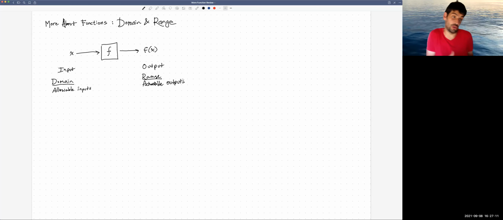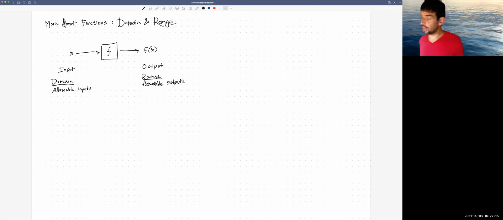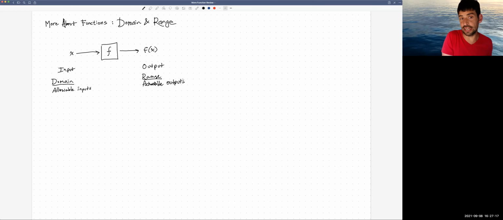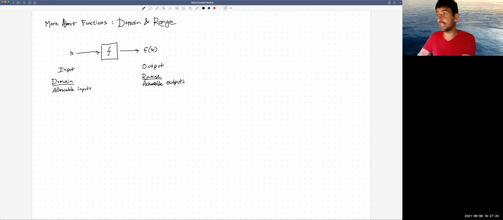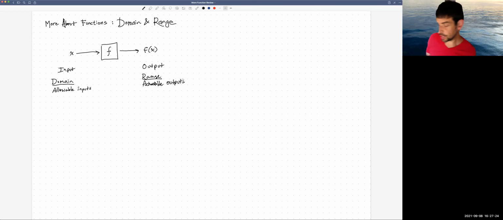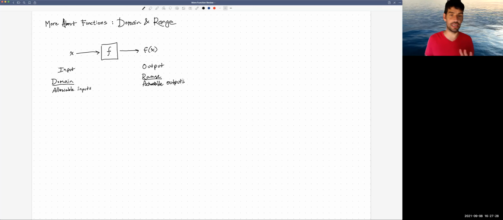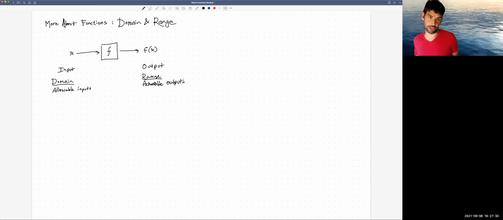Meaning given the things we're allowed to put into it, what are the things that will come out of it? So not every function can take any old input, and not every function can get you to every output among all the numbers, okay? So when we talk about domain and range, there's two big ways we're going to talk about it.